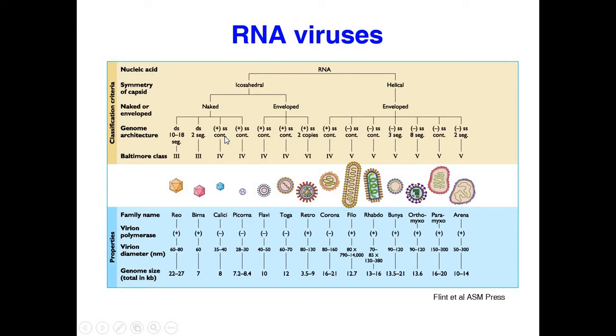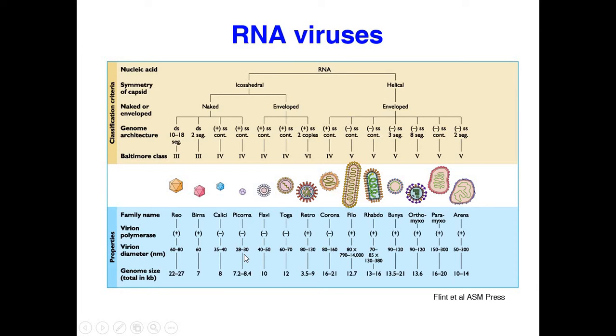Positive sense single-stranded RNA viruses are present in group 4. You can see in this depiction the positive sense single-stranded RNA viruses. Examples are caliciviruses and picornaviruses, and both don't have any kind of polymerase enzyme.